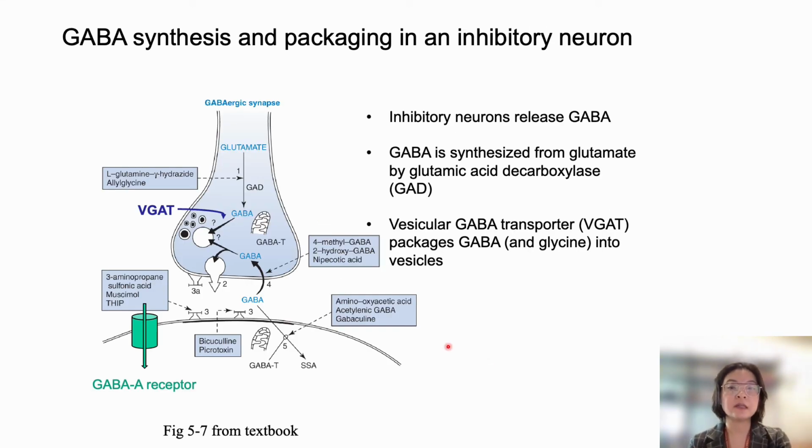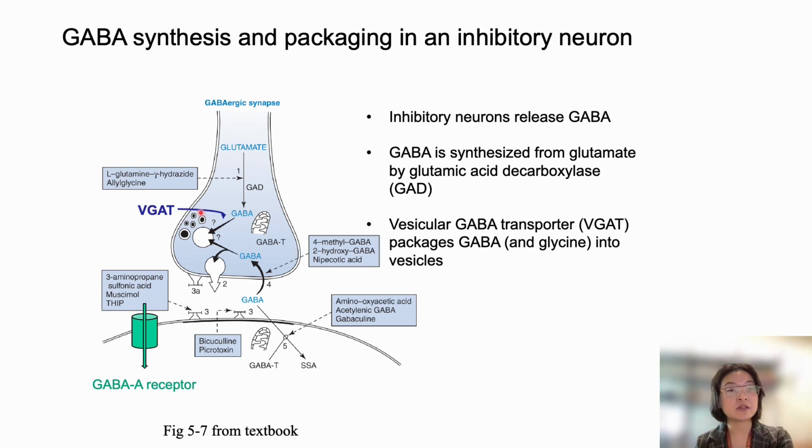GABA is released from inhibitory neurons, and the synapses where GABA is released from are often called inhibitory synapses. Here you can see figure 5.7 from the textbook that illustrates a GABA synapse. GABA is synthesized from glutamate by glutamic acid decarboxylase, or GAD. And GAD is often a marker of GABA neurons because you need this enzyme to produce GABA.